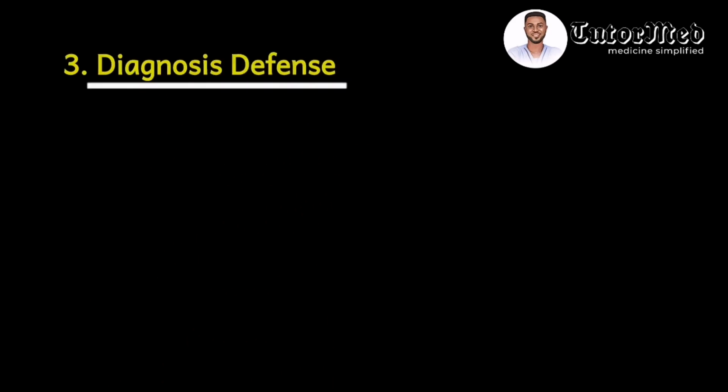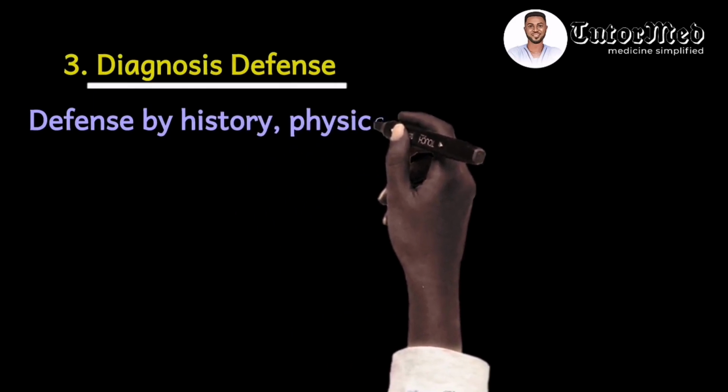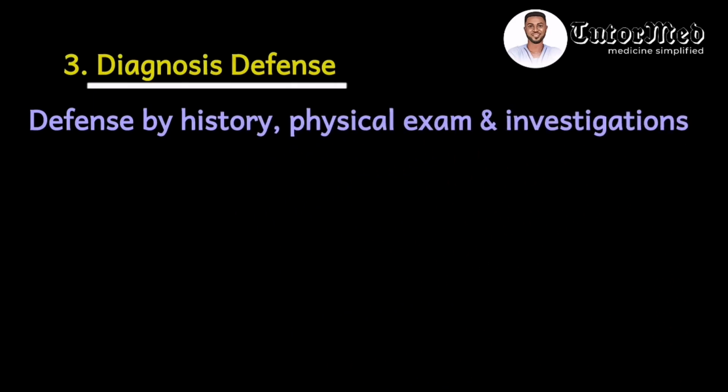Right after giving the opening statement and your complete diagnosis, the third step, or tip number 3, is to defend the diagnosis you've given. Now, the diagnosis defense is by a focused clinical history, relevant physical exam, and investigations.